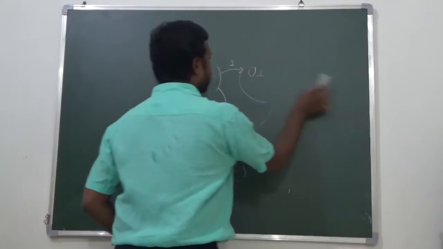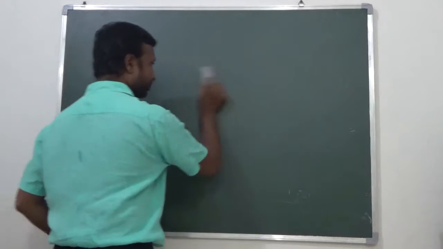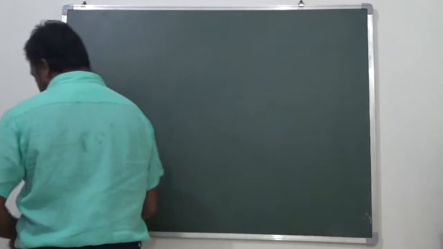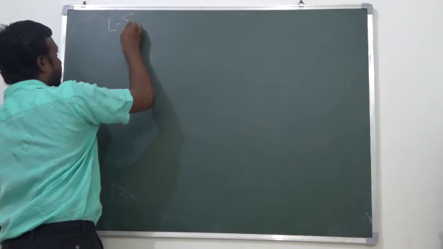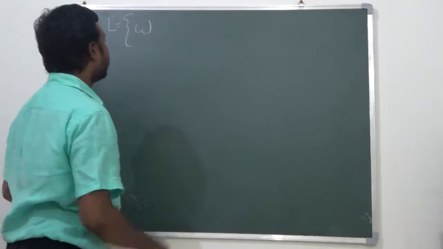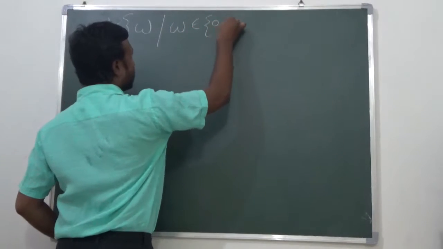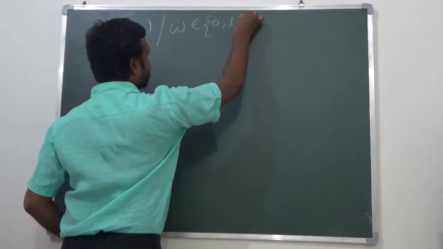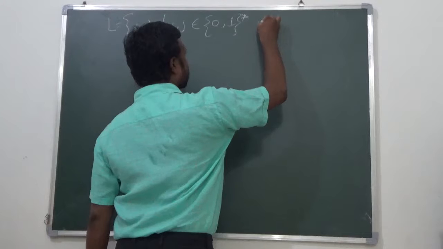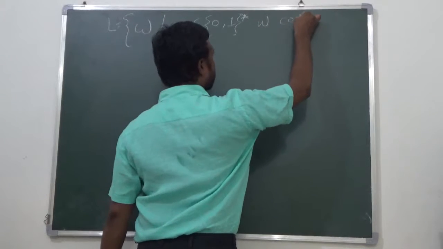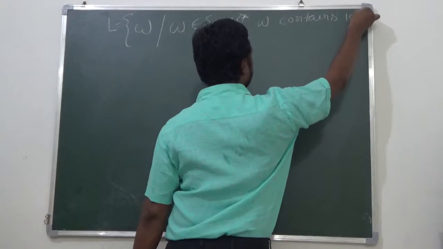Let's discuss one more language. The language is L, consisting of all the strings W, where W belongs to {0, 1}*, such that W contains 1, 0, 1, 1.